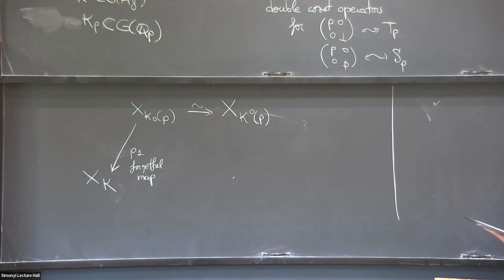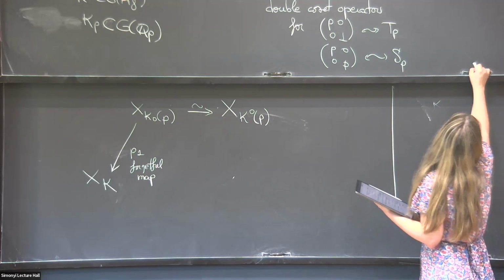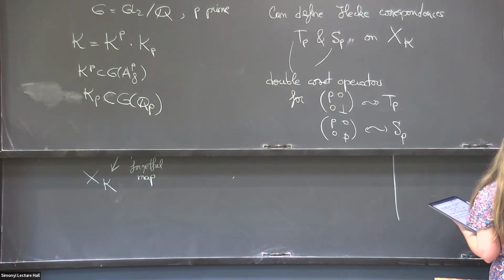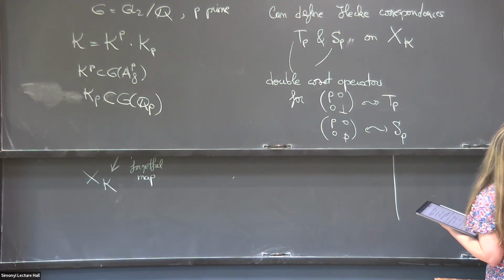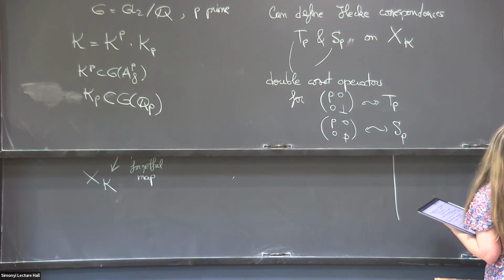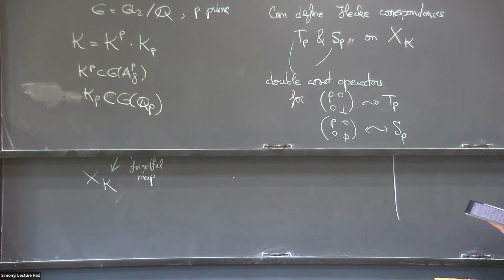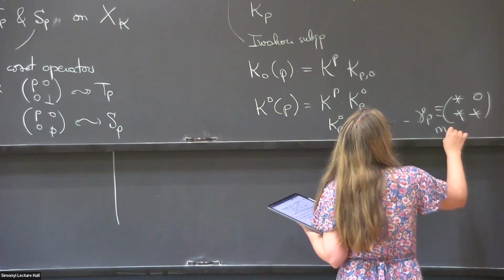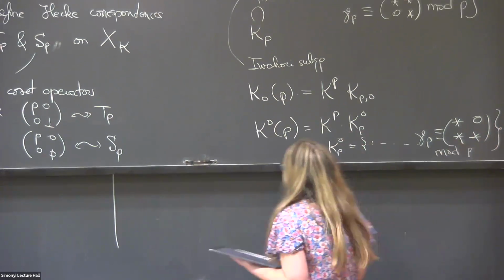but instead of upper triangular, I want it to be lower triangular, right? So you just have to check what happens. And this thing is the same stuff, but gamma_p has to be congruent to (star 0; star star) mod p. Okay.